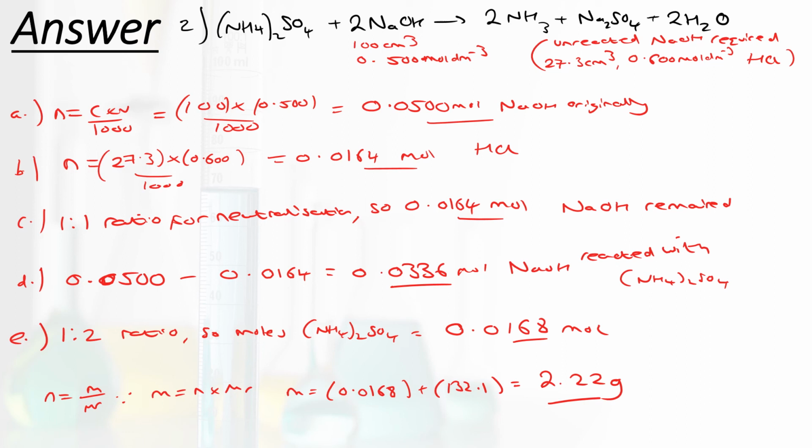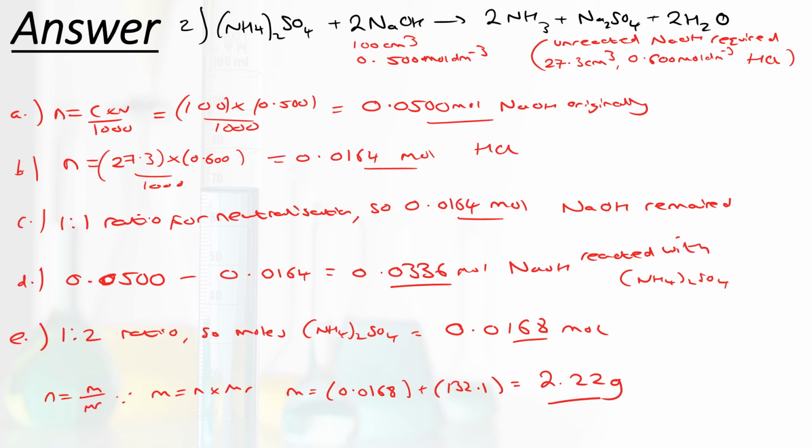And then part E was to calculate the moles and the mass of the ammonium sulfate in the sample. We have to go back to our mole ratios here. And so 2 moles of sodium hydroxide react with 1 mole of the ammonium sulfate. So the moles of ammonium sulfate must be half the amount of the sodium hydroxide that reacted. And so we take half of the moles in the previous question, which is 0.0168 moles.